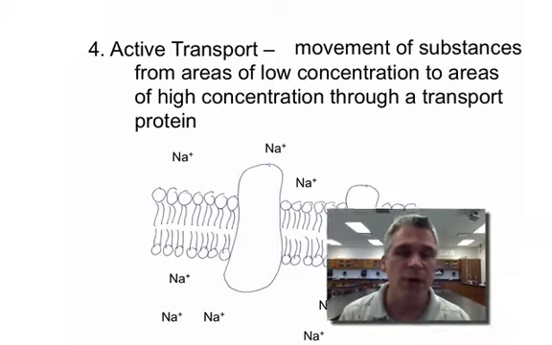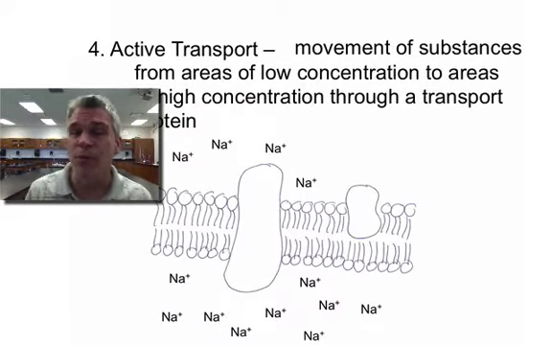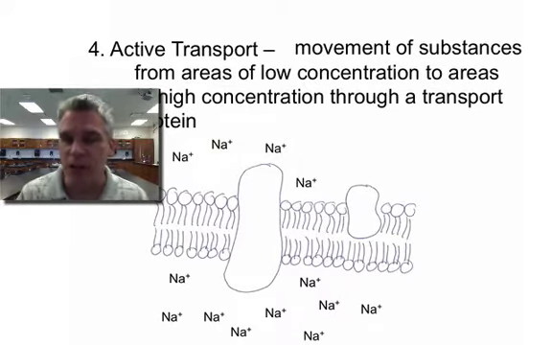Now here's sodium ions. Sodium ions are very small, and you think, well, why can't they just go through the cell membrane? Well, they're positively charged, and so is the outer layer of the cell membrane. As we know, like particles tend to repel one another and they can't pass through.